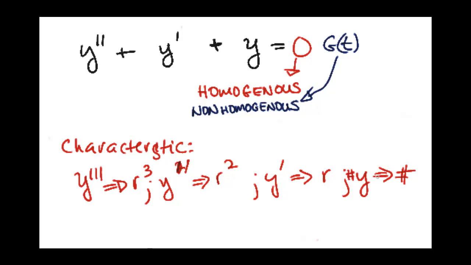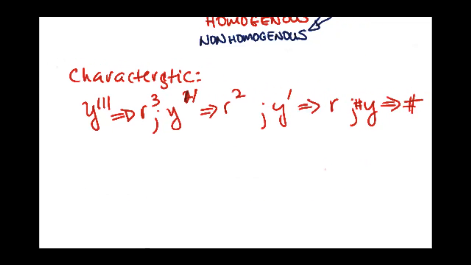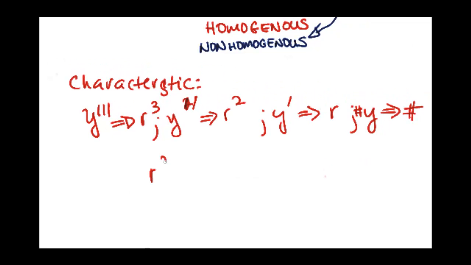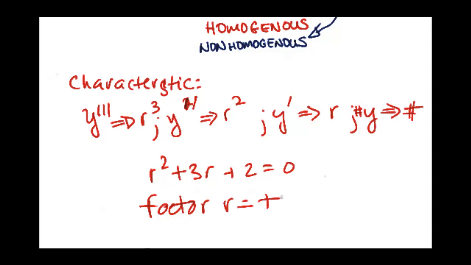Okay, so what you'll do is set up a characteristic equation. It'll be some polynomial, r squared plus 3r plus 2 equals 0. You'll factor it, and you'll get r values. It doesn't necessarily have to give you real and distinct roots.